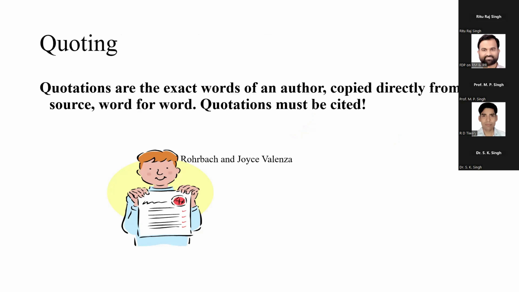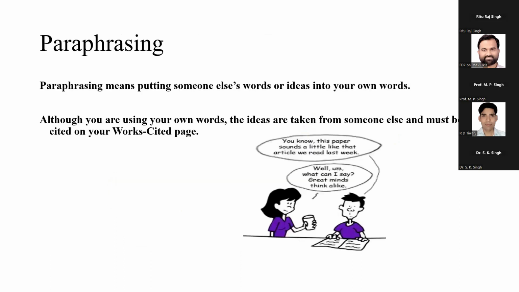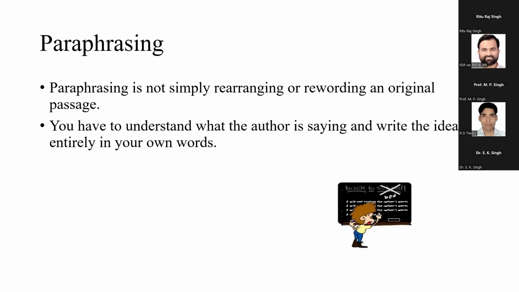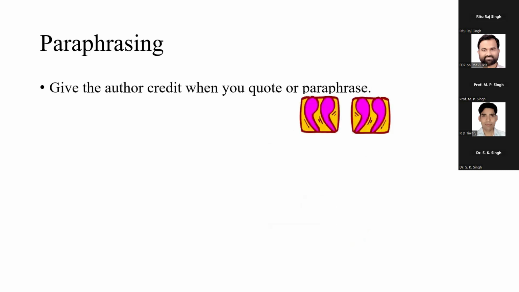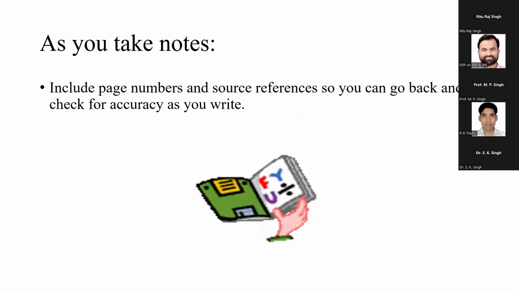So it is verbatim, and you can write it in double quotes in your paper with the reference. Paraphrasing, you understand the meaning. With paraphrasing also, you give the reference. So whether you quote or paraphrase, include the page number and source reference, so you can go back.